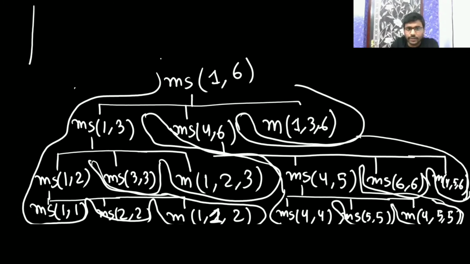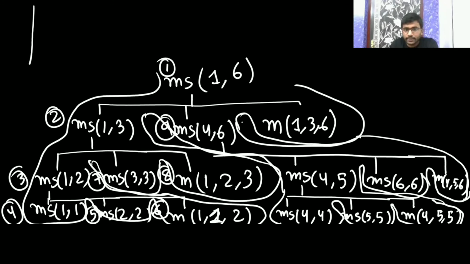See, first merge sort, let me write 1, 2, then 3, then 4, then 5, then 6, then 7, then 8, then 9, then 10, like this. So first it is going to insert this one, then 2, left to right, top to down, then 3, then 4.